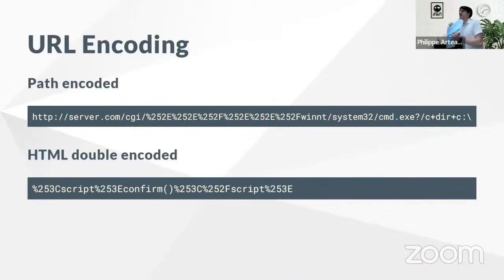URL encoding, this is something you can encode and sometimes double encode. This will be possible because some components will sometimes do encoding that is unnecessary. There is a case here for an exploit that I don't know about, but the idea is that the component that is trying to load a file on disk maybe is not sure about the way that the parameter will come to this component.